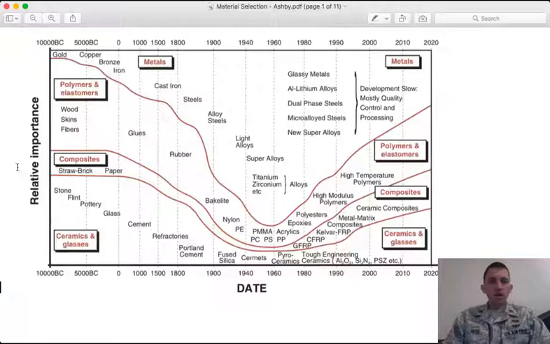And as society has developed and technology has developed and industry has grown, we've shifted from natural materials to man-made materials, right? And that has come with great gains in material properties, consistency, controllability, optimization.